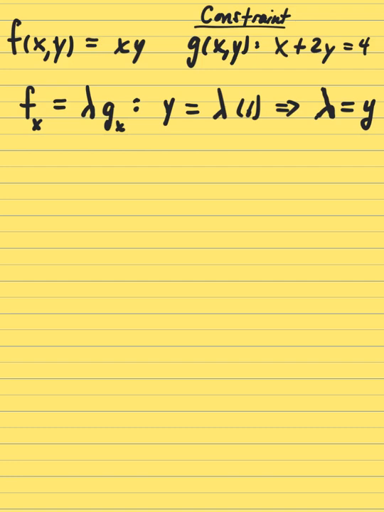I know that's hard to look at because lambda looks like an upside down y as well. After the x direction is done, then we go back and take derivatives with respect to y. The derivative of f with respect to y equals lambda times the constraint derivative with respect to y. For f, the derivative of y is 1 times x is x.